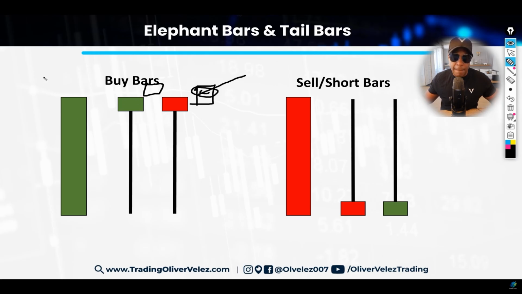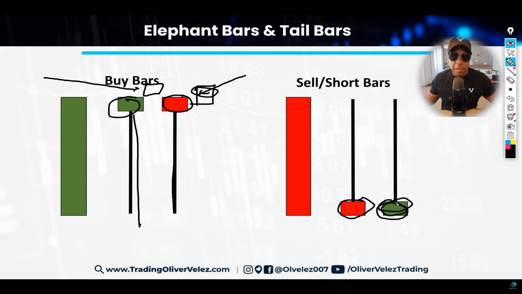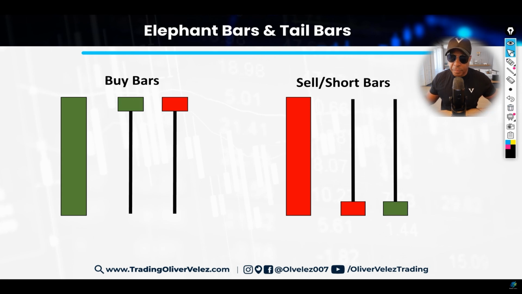The color of the body is not the important thing. It's the tail that's the important thing. I just wanted to demonstrate that here. It doesn't matter what color the little body is, the importance lies in the comeback, which is the tail portion of the bar. All right, good.